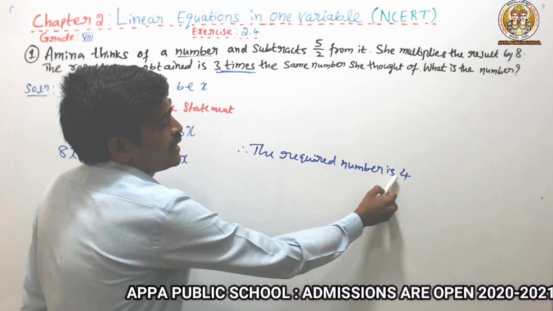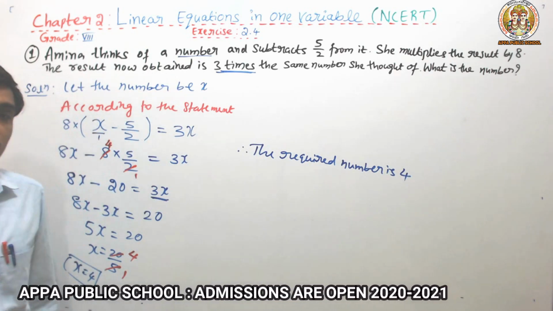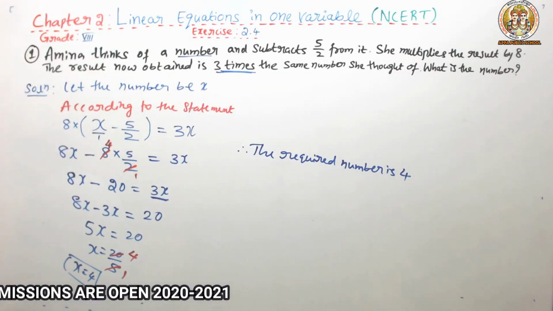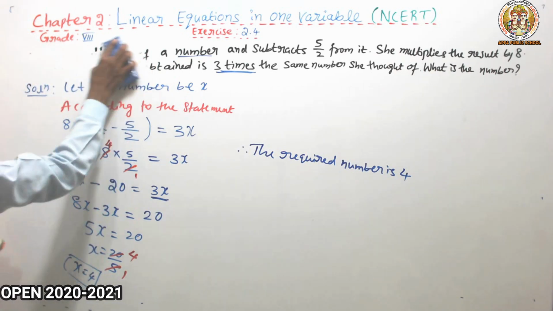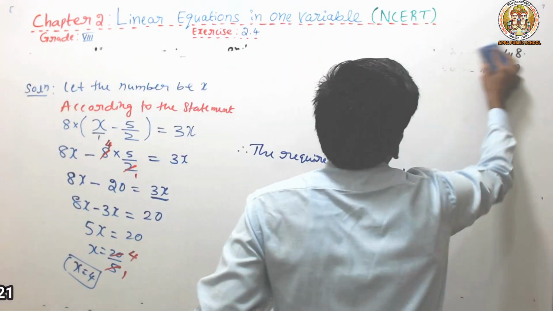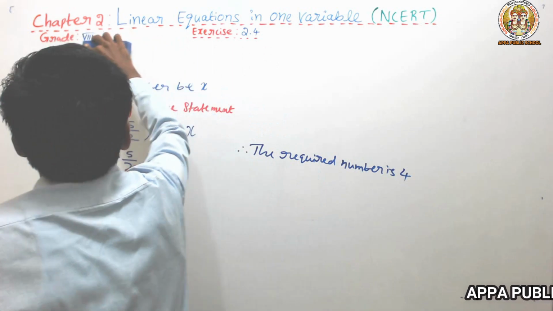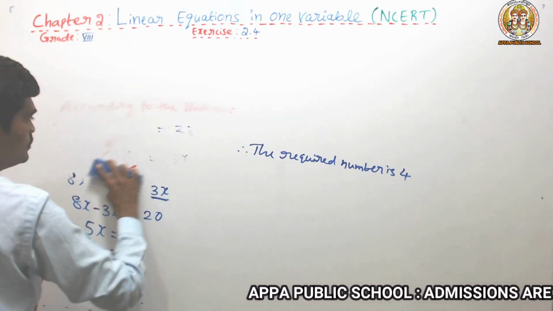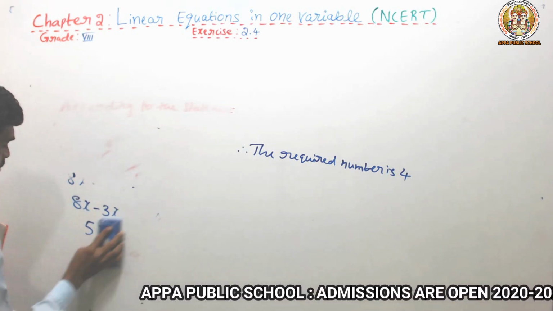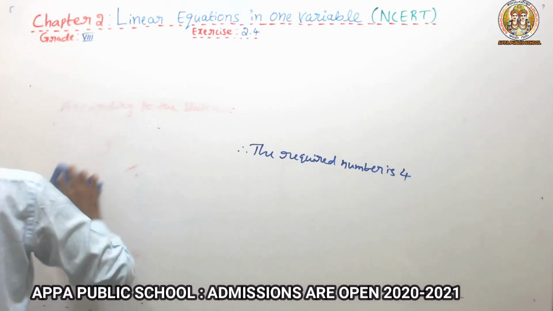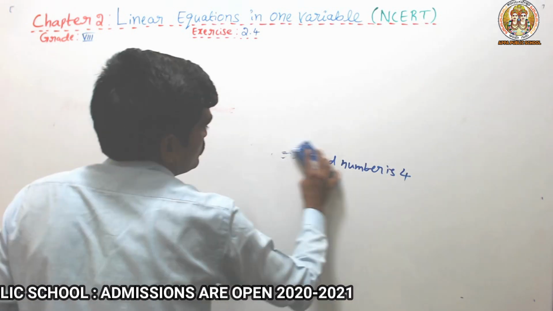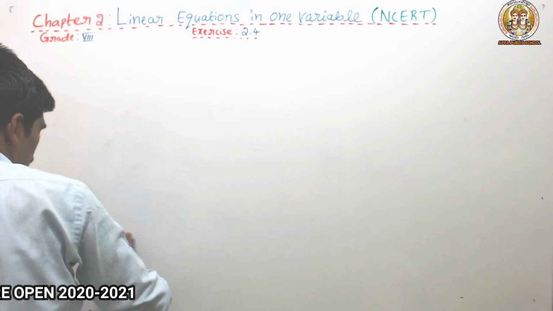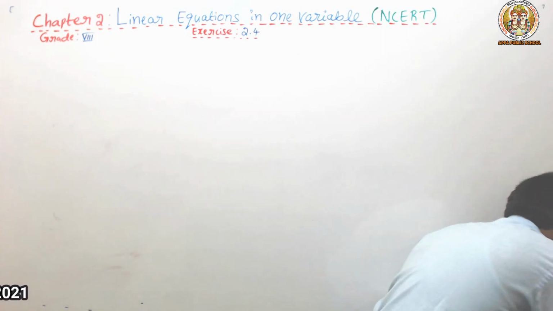Therefore the required number is 4. Understood, my dear students? So next problem.